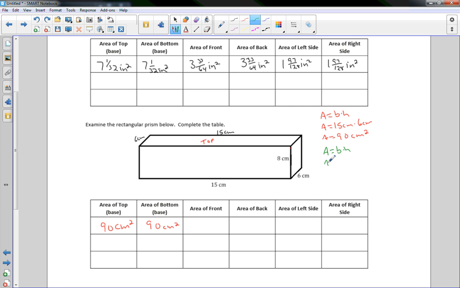So the area equals 15 centimeters times the height, which is 8 centimeters. 8 times 5 is 40, carry the 4. 8 times 1 is 8, plus 4 is 12, 120 centimeters squared. So the front is 120 centimeters squared. The back is the same, 120 centimeters squared.